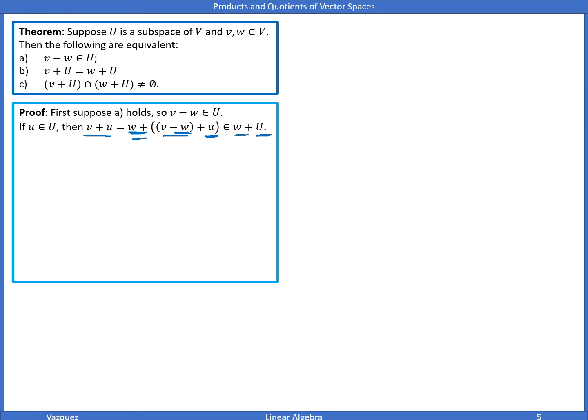So we get that v plus U is in w plus U. And we can do the same thing to show that w plus U is in v plus U. Therefore, showing that those two are equal. Therefore, A implies B.